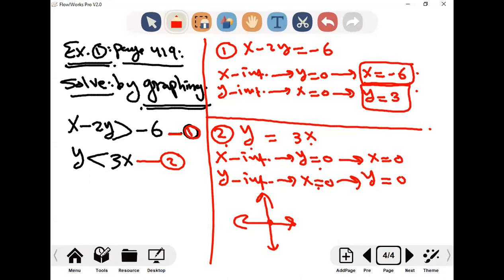Why do we always use 0? Easy, because we have the intercepts, right? But guess if x equals 1, for example. If x equals 1, y equals what? 3 times 1 is 3, right? So I have another point, which is 1 and 3. So I will use 0, 0 and 1, 3, and I have another point, so I can make my line. Got it? You understand?